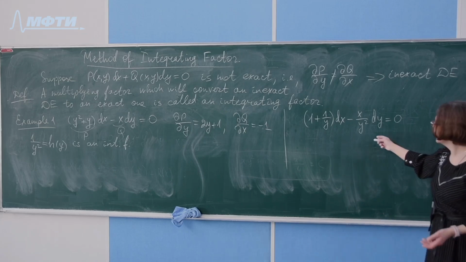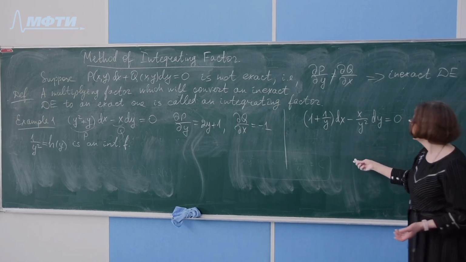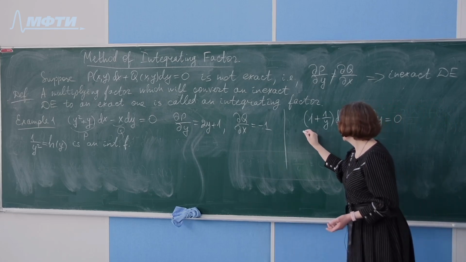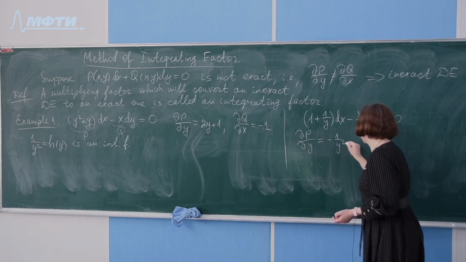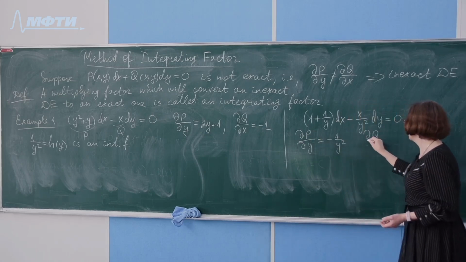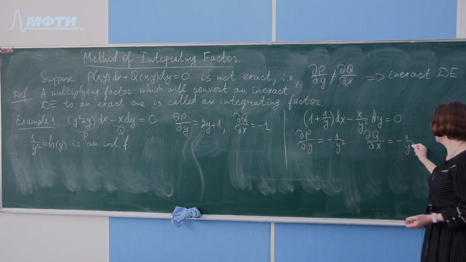But now this differential equation is exact. Let's check this. It is exact because dp over dy equals minus 1 over y squared, and dq over dx is also minus 1 over y squared. So they are the same.